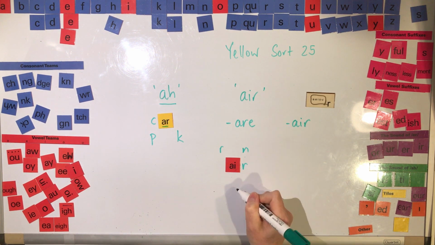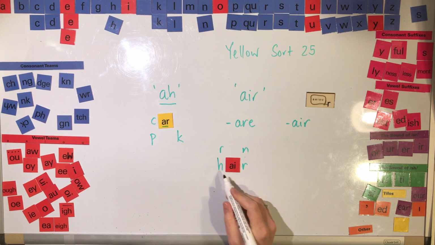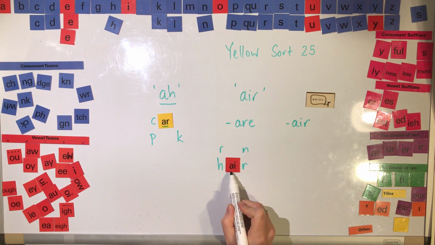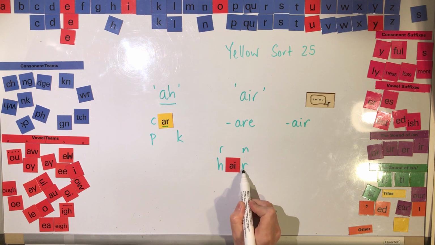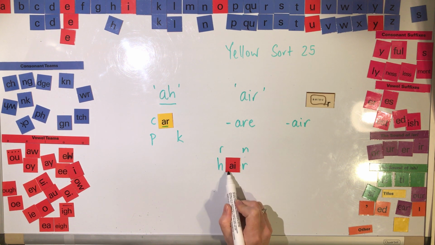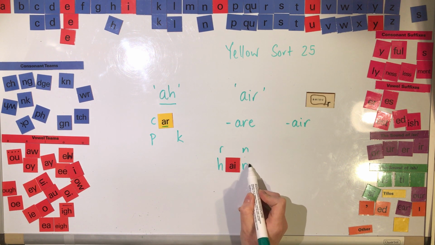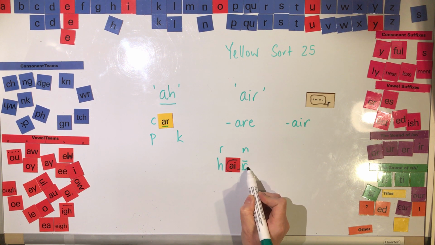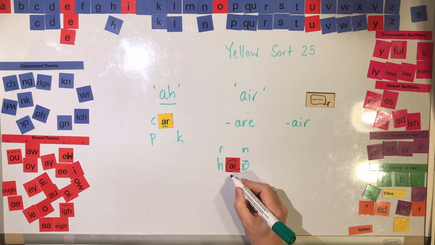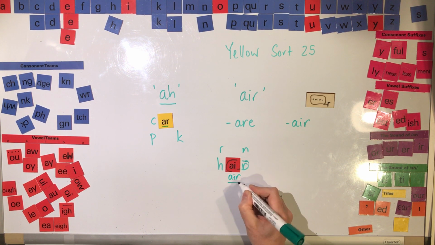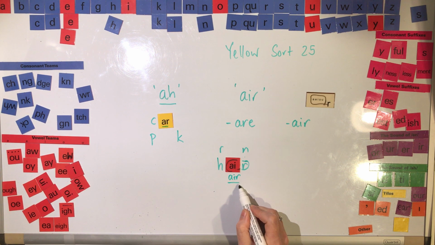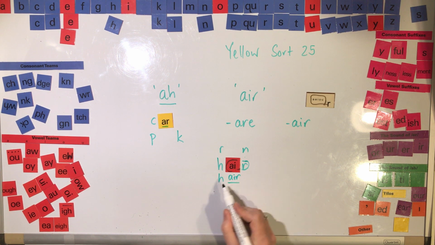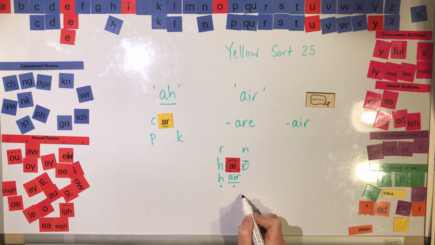So if we have, say, the word hair, h, that should say h, a, r, hair. But it doesn't, it says hair, because what happens is the R lassos the AI and almost becomes a new team. And that team, A-I-R, makes one sound, which is "air". So this is now h, air.